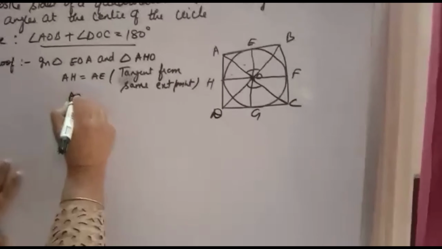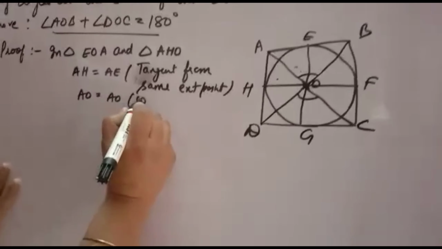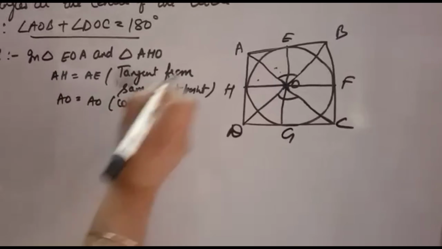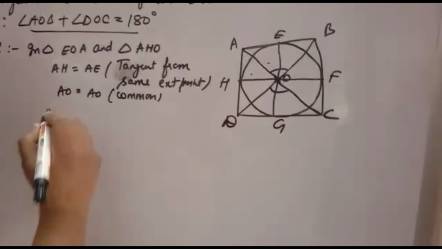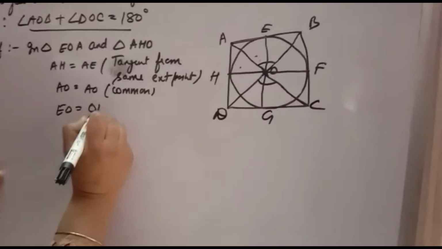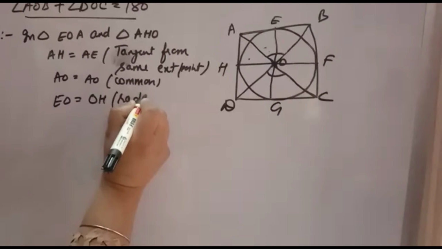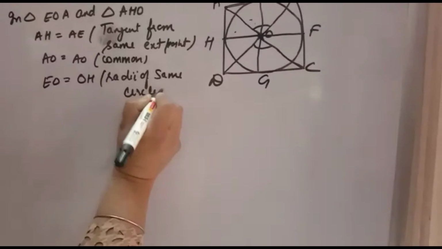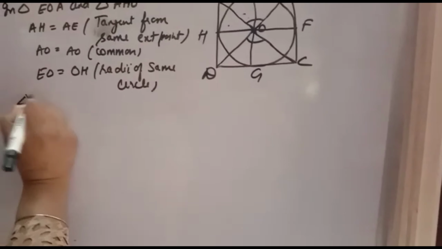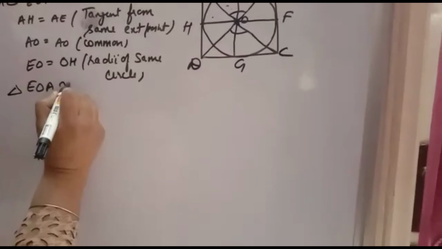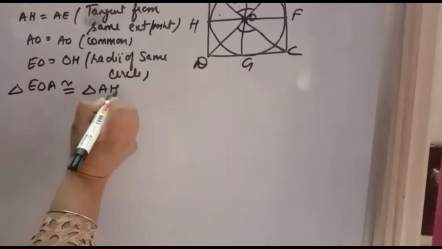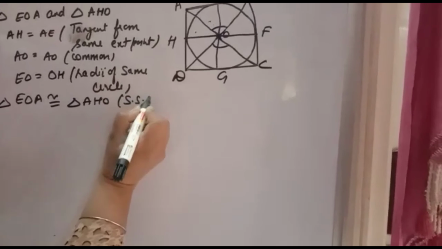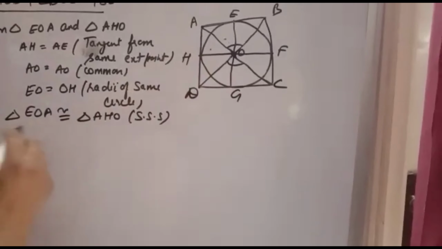Now AO is equal to AO, common in both the triangles. So you will write common. Then EO is equal to OH, radii of the same circle. Therefore, triangle EOA is congruent to triangle AHO by SSS. Now they are congruent.